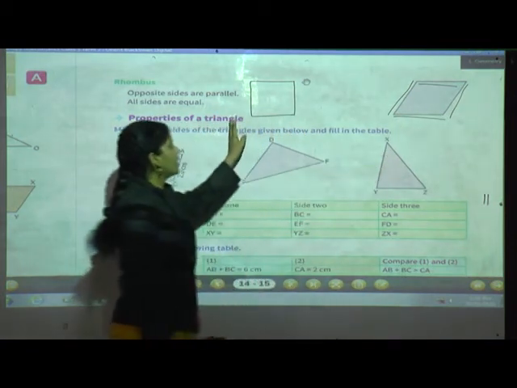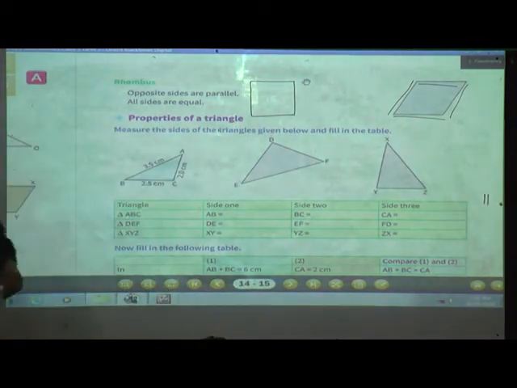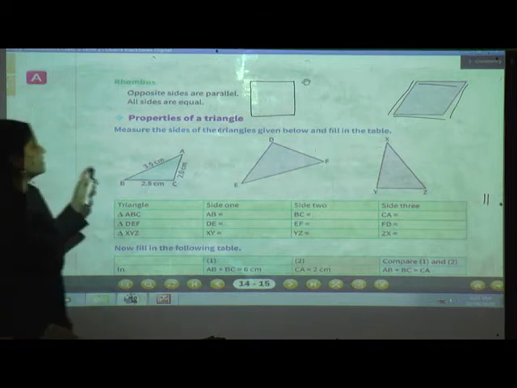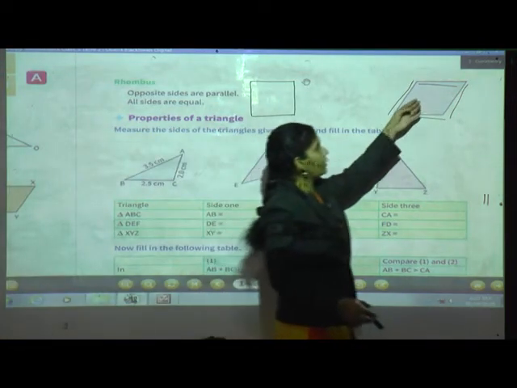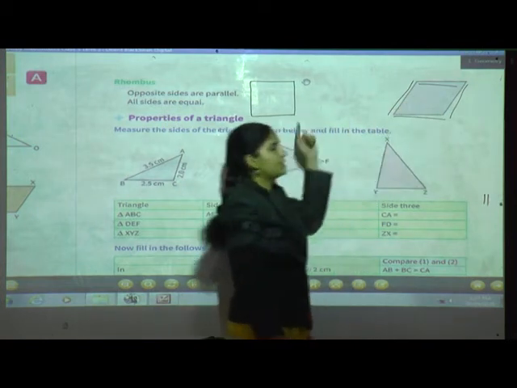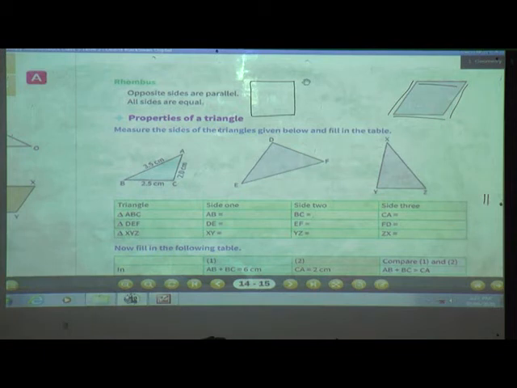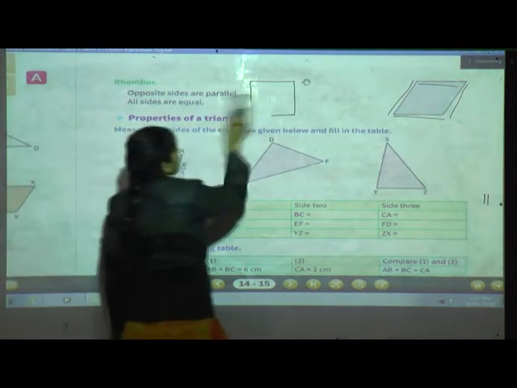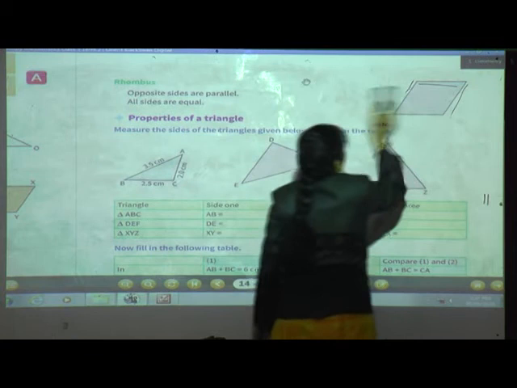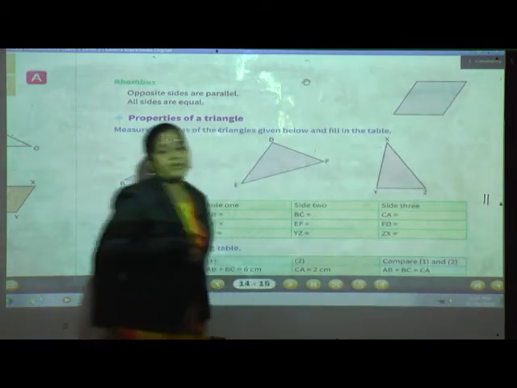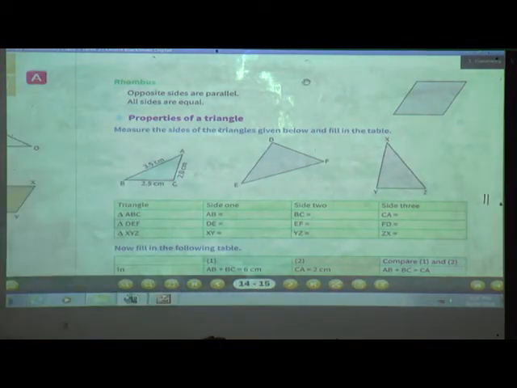But in square all angles are right angles, and in the rhombus all angles are not right angles. So this is the difference between square and rhombus. Now we will see properties of a triangle.